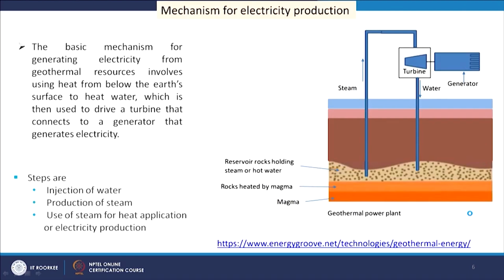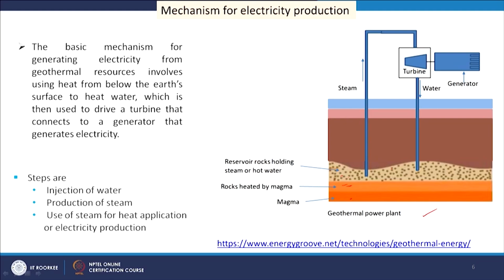Now we will see the mechanism for electricity production from geothermal energy. This figure shows the working of a geothermal power plant. You see this is our magma, and then the rocks heated by magma. Here we have reservoir rocks holding steam or hot water.